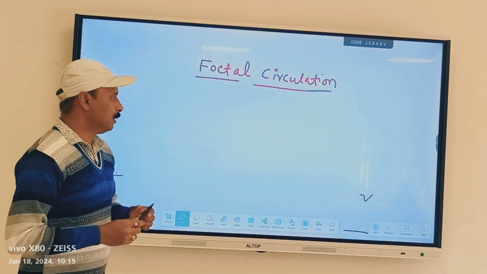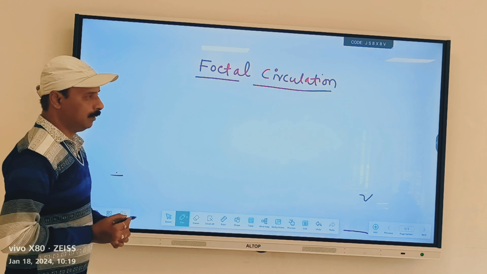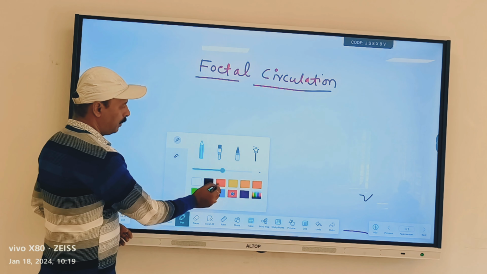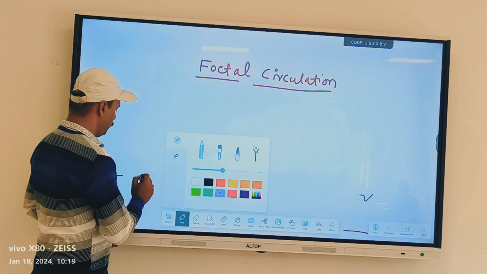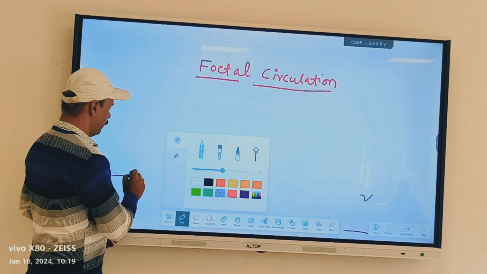Okay, so how does the fetal circulation start? First, take one organ, which you can see here as the placenta. You can remember this is a placenta. This placenta is attached to the uterine wall.